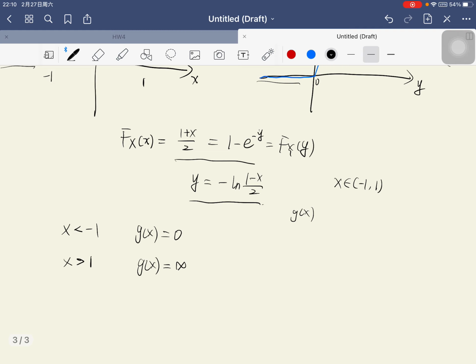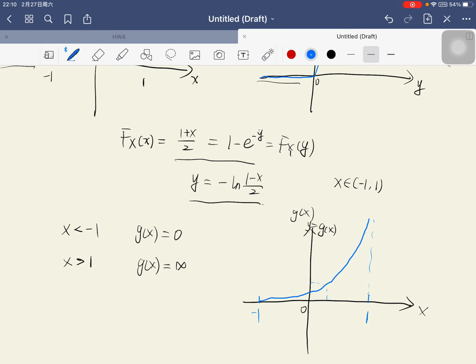So we could draw the g(x) graph in this picture, and when x is from -1 to 1, it is equal to this exponent, and at this point y equals x, so it is the g(x) graph.